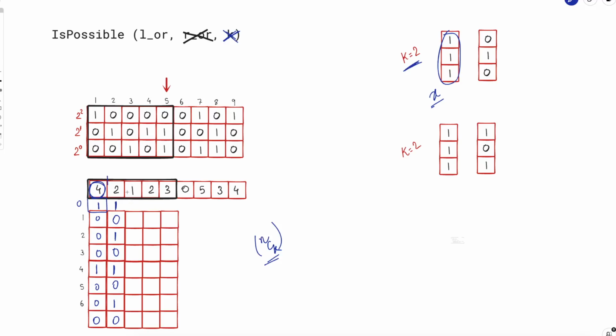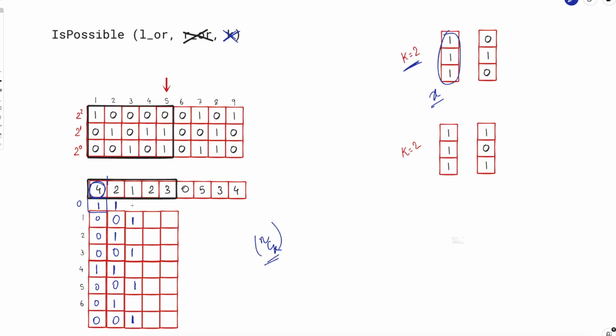Now comes 1. Again 0 is feasible, so 0 XOR 1 is feasible, which means 1 is feasible. Now 1 was not feasible, so 1 XOR 1 you will not try. 2 was feasible, so 2 XOR 1 is feasible, which means 3 is feasible. 3 was not feasible. 4 was feasible, so 4 XOR 1 is also feasible, which means 5 is feasible. 5 was not feasible. 6 was feasible, which means 6 XOR 1 will also be feasible, so 7 is feasible, right?